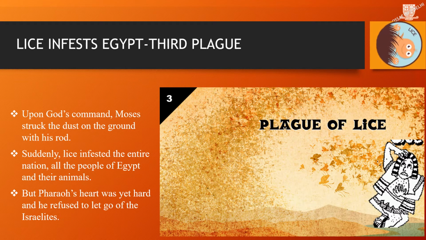Wherever the people looked now, just like they had frogs everywhere, now lice infested the entire nation of Egypt. It was on the people, it was on their animals, it was everywhere. But yet Pharaoh's heart was hard, and he refused to let go of the Israelites.